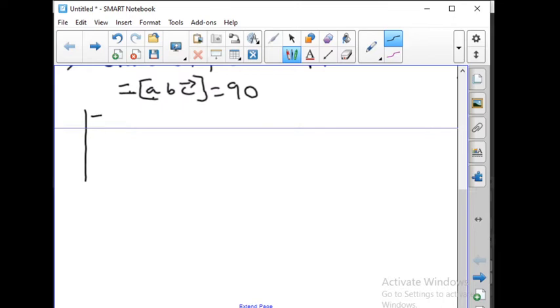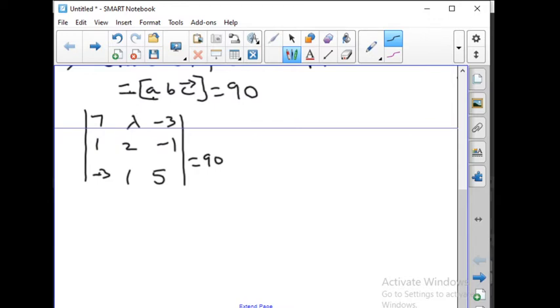So what is it? 7, lambda minus 3, 1, 2, minus 1, minus 3, 7, 5, and this is equal to 90. So we expand this.